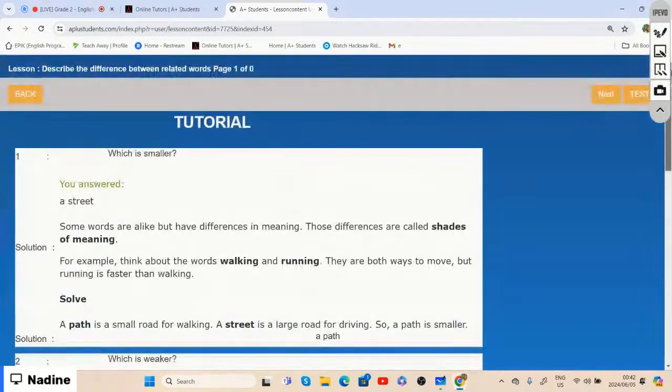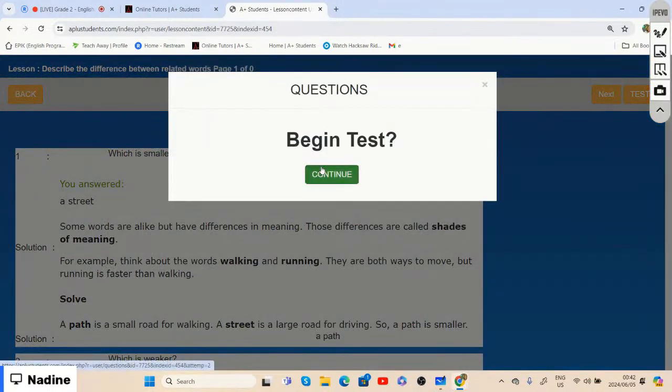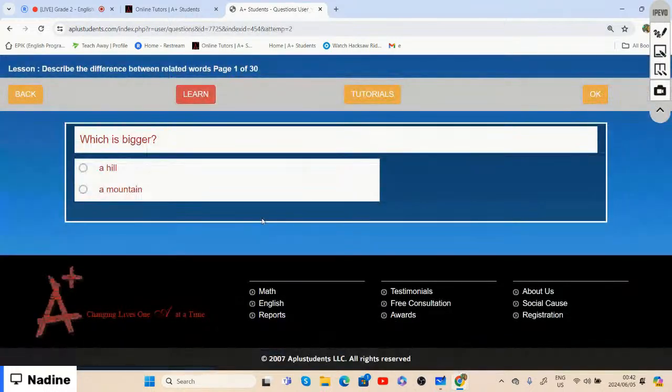So well done, everybody. Now let's go to our test where we're going to describe the difference between related words. So we need to say which one is bigger. Is a hill bigger or a mountain bigger? Which one is bigger, a hill or a mountain?